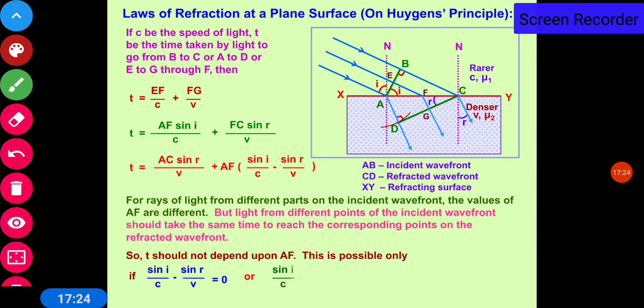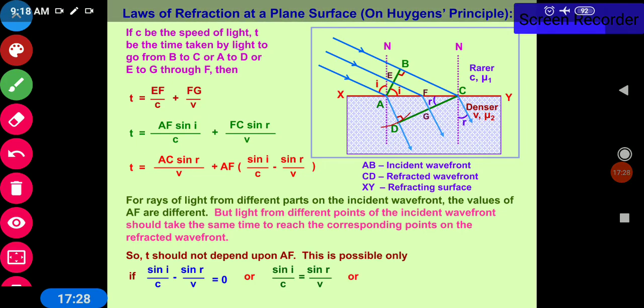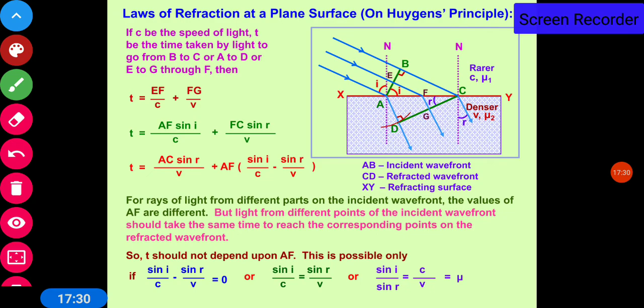So sin i upon c is equal to sin r upon v, or sin i upon sin r is equal to c upon v, and we know that c upon v is equal to mu, so mu is equal to sin i upon sin r, which is Snell's law of refraction. So using the Huygens principle, we have also proved the laws of refraction.